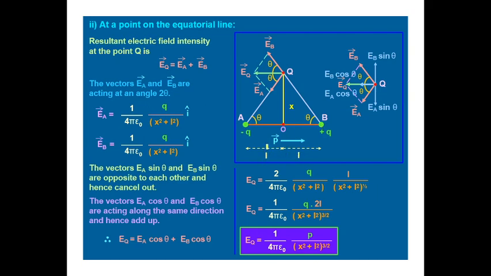O is the center of the dipole, and the direction of the dipole moment p is from the negative charge to the positive charge. Point Q is taken on the equatorial line, perpendicular to the midpoint of the dipole length. This is the point Q where the electric field intensity is to be calculated due to this dipole.